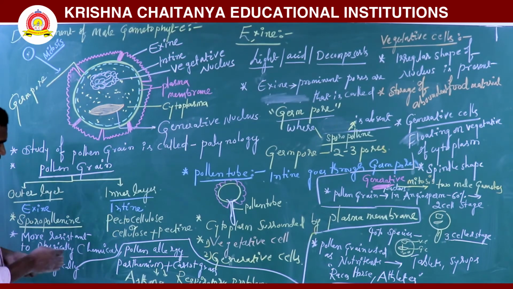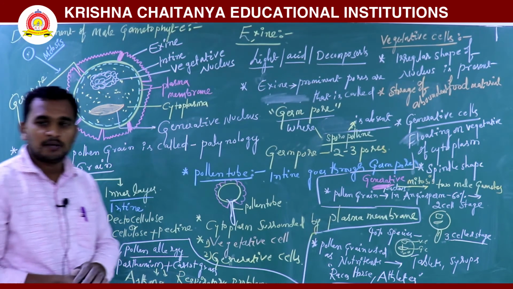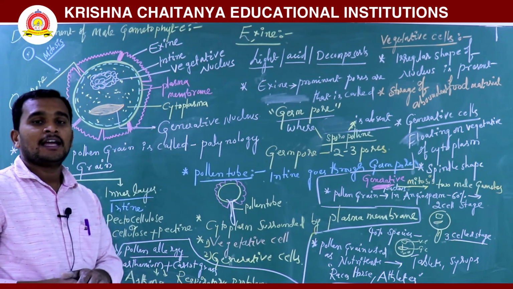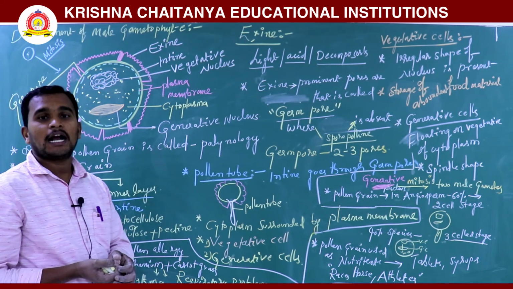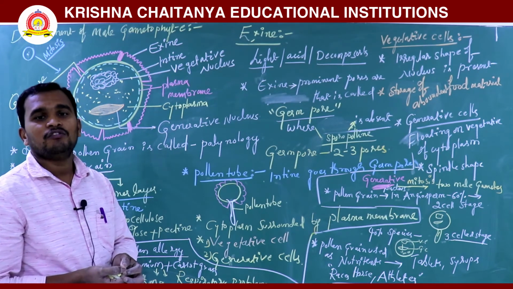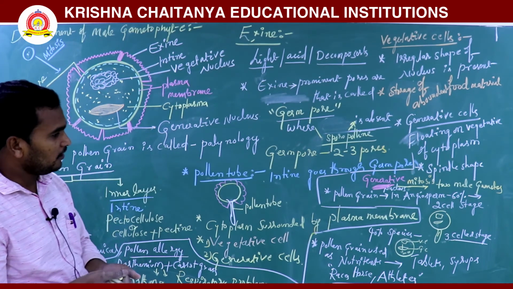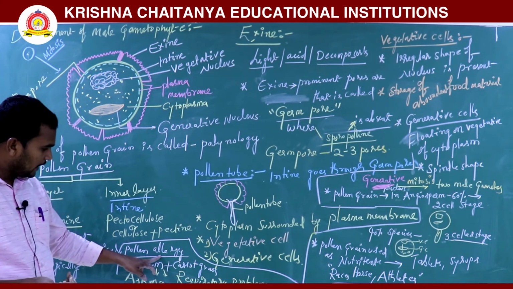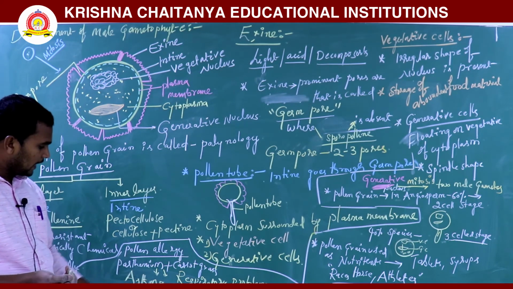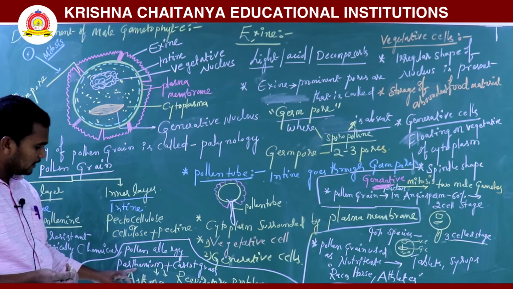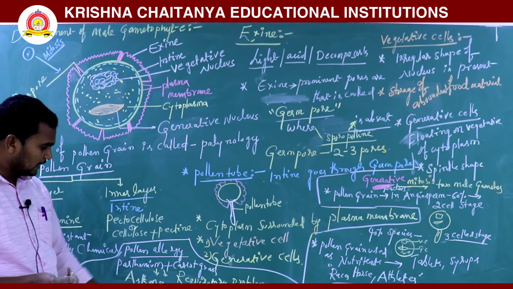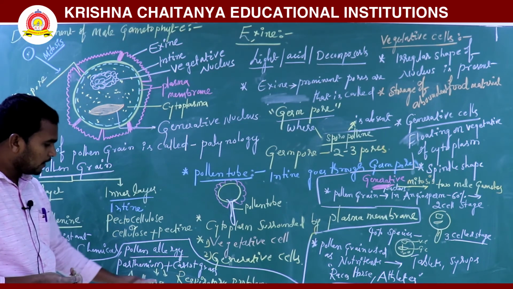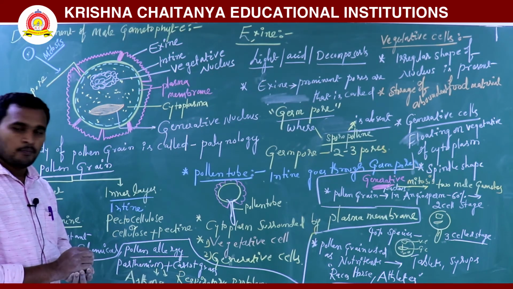How did it come? Parthenium, you should remember, and carrot grass came to India through contaminated wheat. Pollen allergy means parthenium and carrot grass; these two plants cause asthma and respiratory problems.